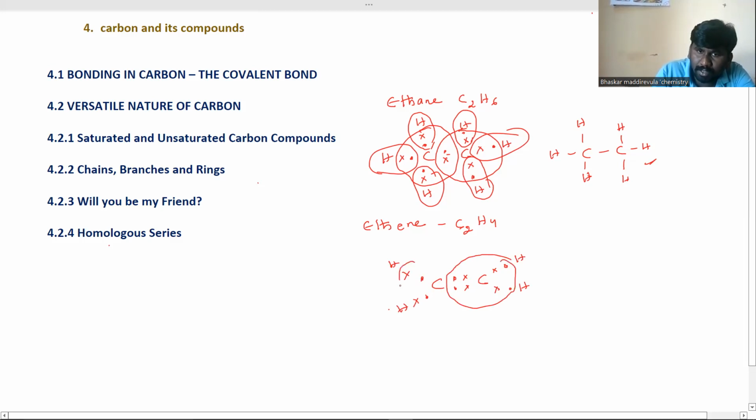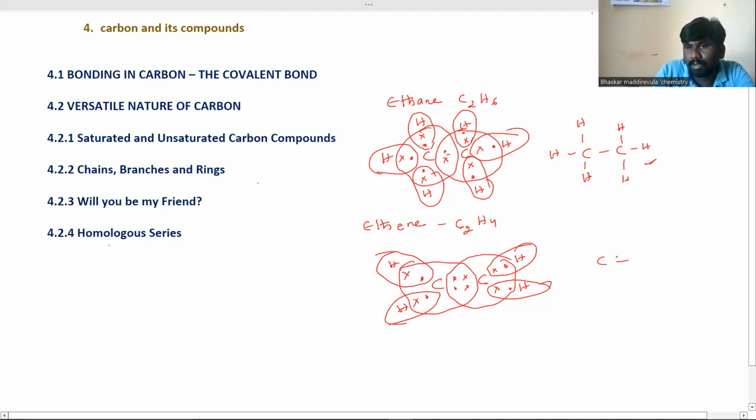By that, each carbon attains an octet configuration and the hydrogens acquire a doublet configuration. Two electron pairs shared between the two carbons form a double bond, and between carbon and hydrogen there is a single bond because one electron pair is shared there.